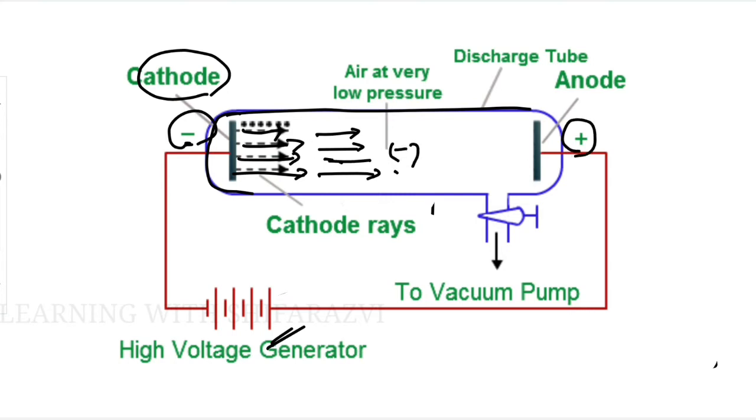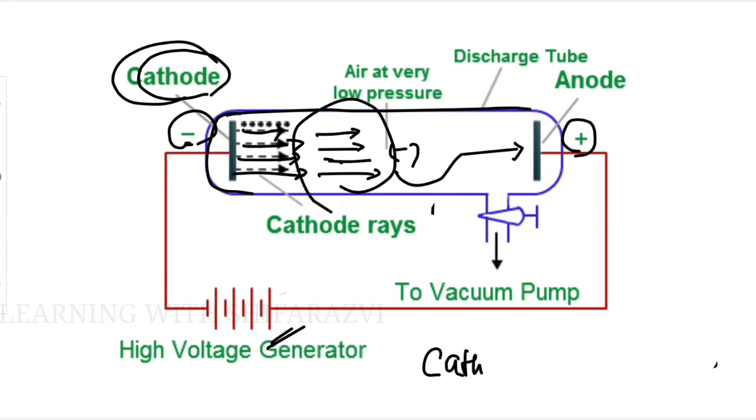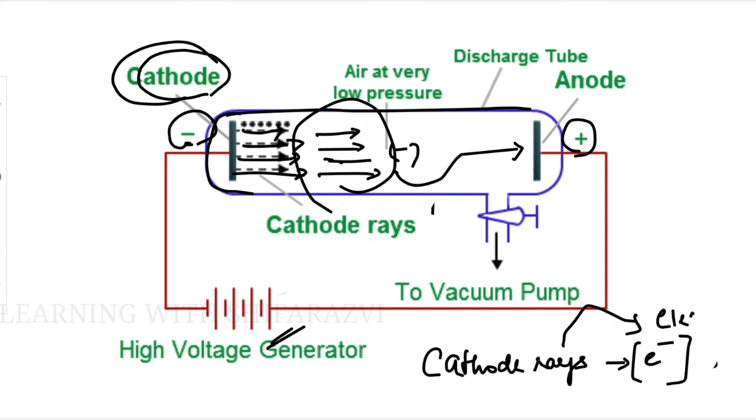Because the negative only will be attracted to the positive. Since the beam of rays was coming out from the cathode, he named these rays cathode rays. These cathode rays were negatively charged, and later they were named electrons.